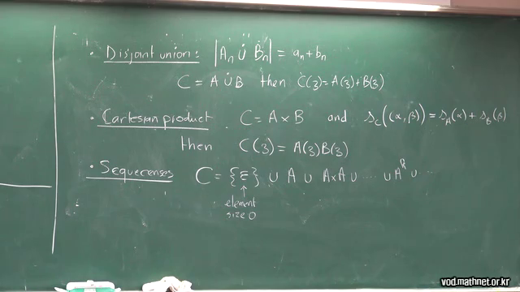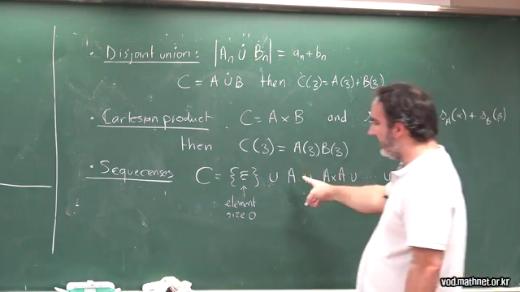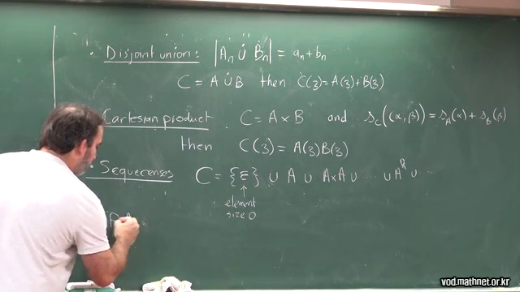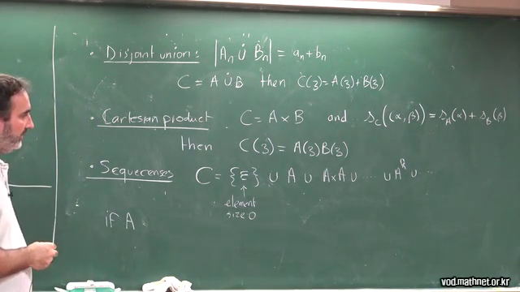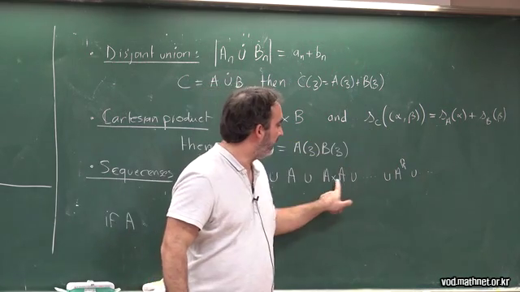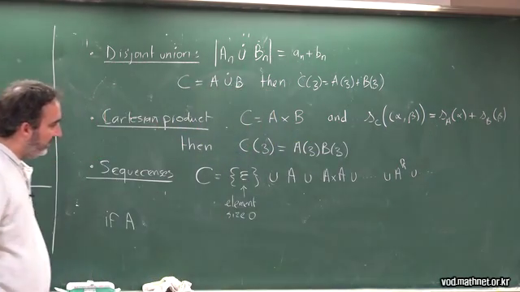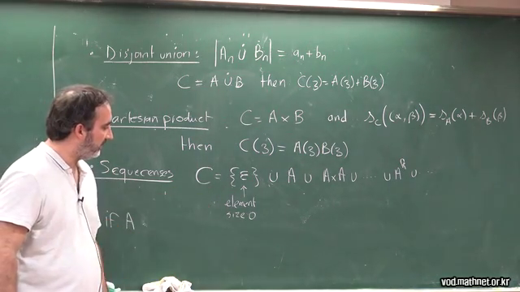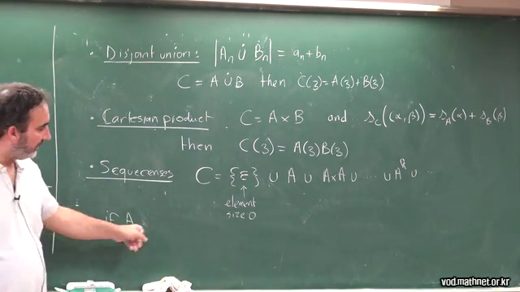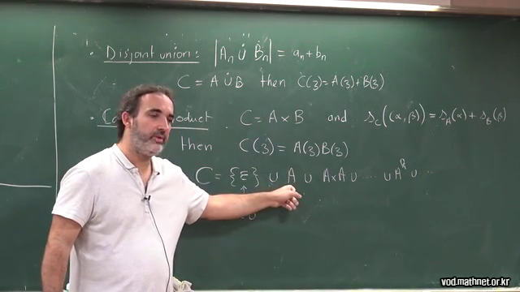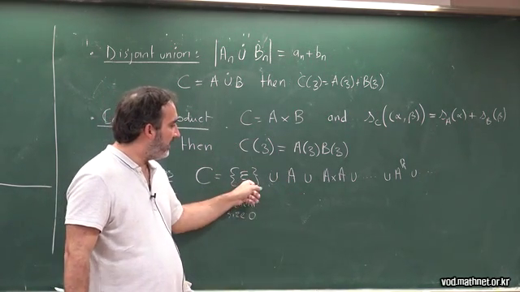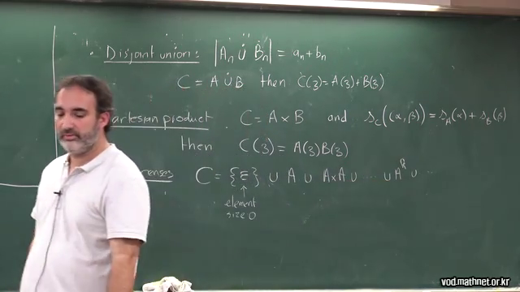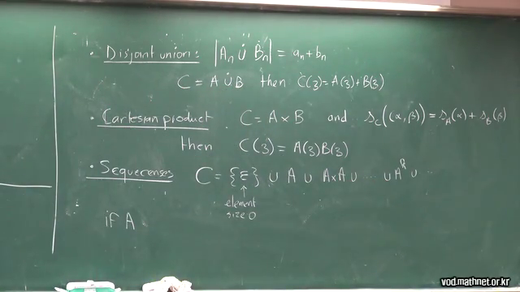And if there is no element of size 0 in A, this is well defined. It means that with this notion of size extended to A to the K, C is a combinatorial set. This is not the case if you have something of size 0 in A, because you have epsilon, epsilon, epsilon, all of size 0, so you don't have finitely many elements of size 0.